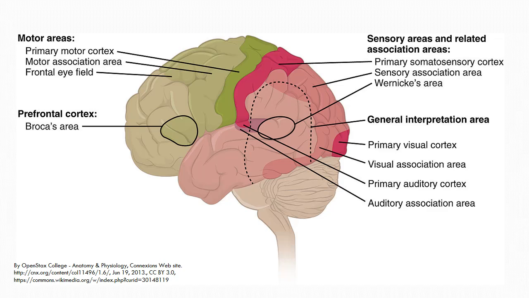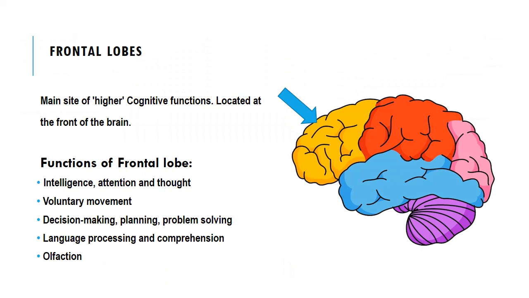Also labeled in front of the Wernicke's area, the primary and association auditory areas responsible for hearing sensation. Primary and association visual areas responsible for vision are marked in the occipital lobe at the posterior part of the cerebral hemisphere. Now we will see the individual lobes and their functions.